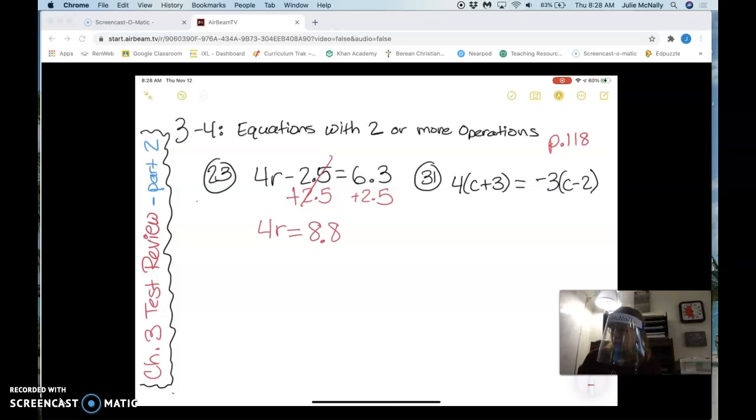Good. And the last thing I do is divide by 4, which equals what? 2.4. Yes, good.